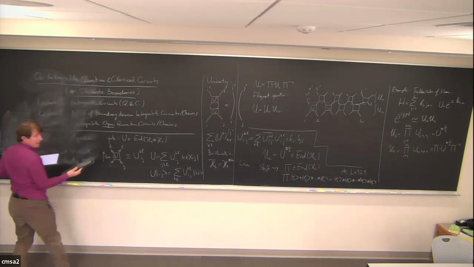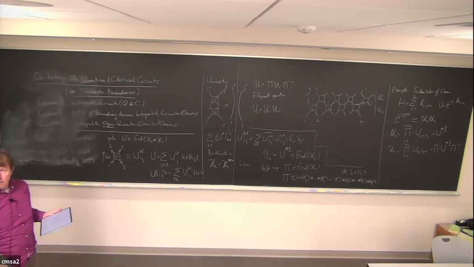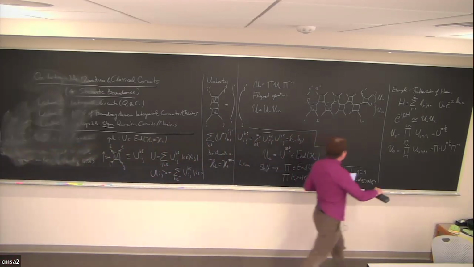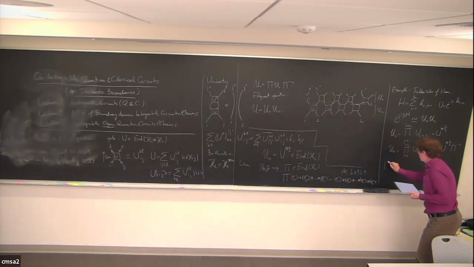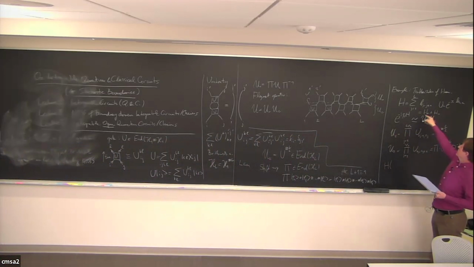Can you get some Hamiltonian which is really periodic? Yeah, you take a Hamiltonian, let's call it a time-dependent Hamiltonian. Let's split it into H even plus H odd, where H even contains even bonds and H odd contains odd bonds.